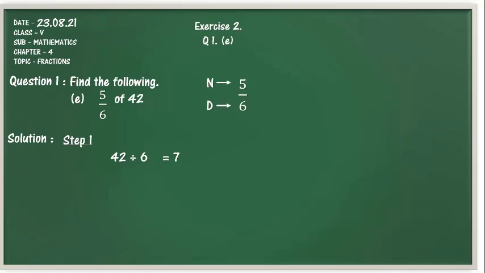So 42 divided by 6 will give us 7. Our next step is to multiply the numerator with the answer. So 7 multiplied by 5 is equal to 35. Therefore, 5 by 6 of 42 is 35.